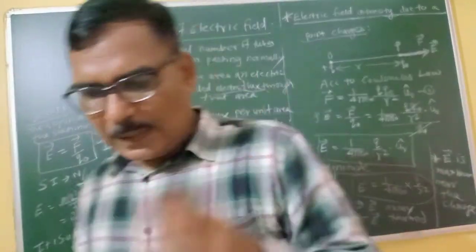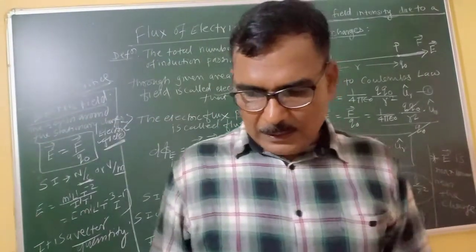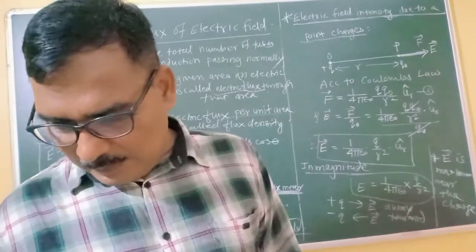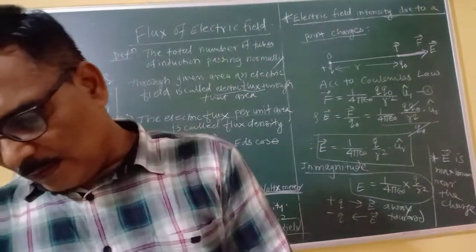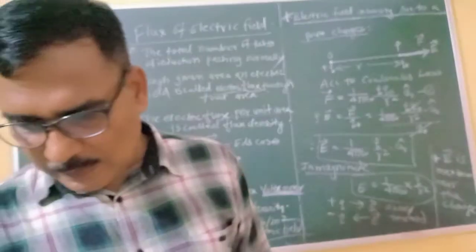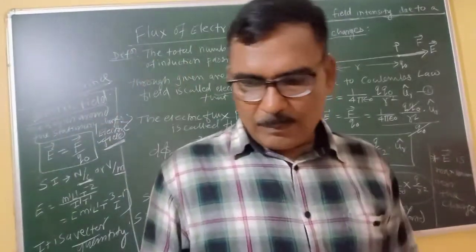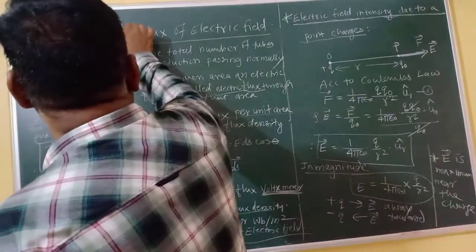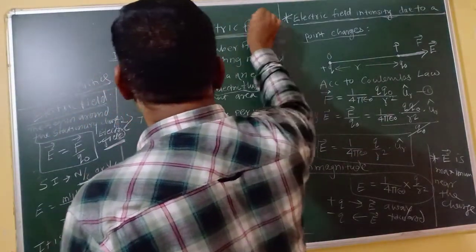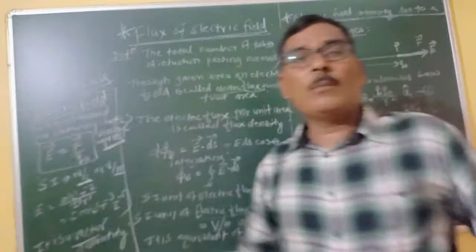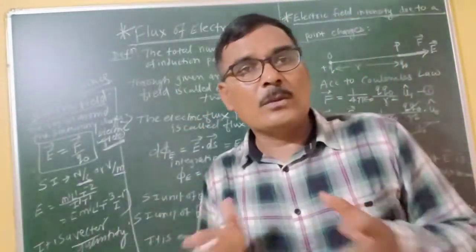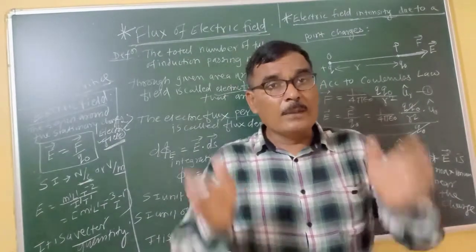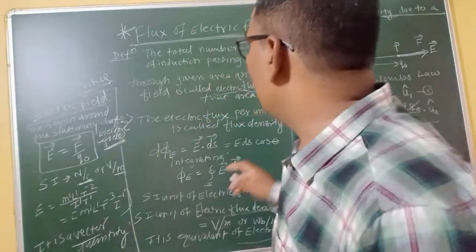Then the next important article we are going to discuss here is the electric flux density, and that point is also to be discussed in today's lecture, that is flux of electric field. Flux means the number of tubes of induction passing normally through the given area when it is placed in an electric field.